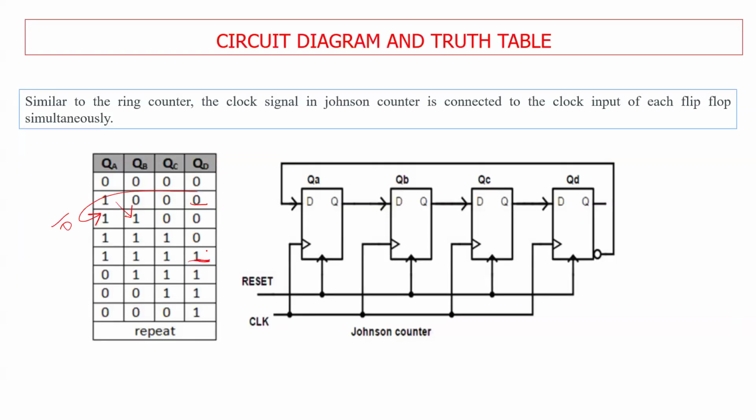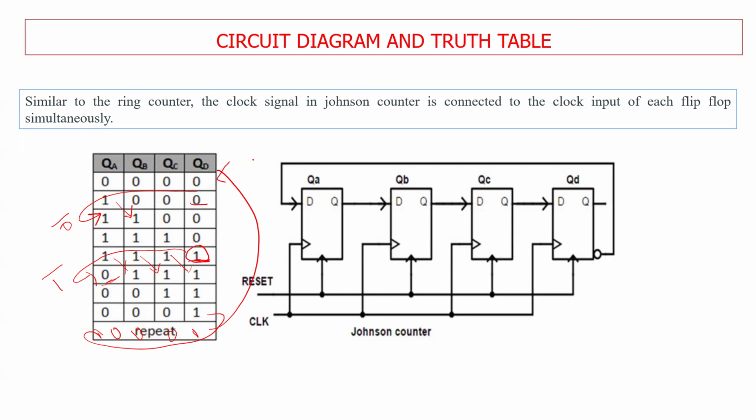Now as it is 1, its complement becomes 0 here. It is shifted here, here and here, and at last the complement becomes 0, giving 0, 0, 0, 0. That will repeat again. That is the way in which it operates.